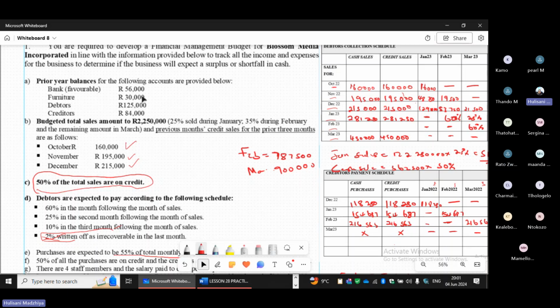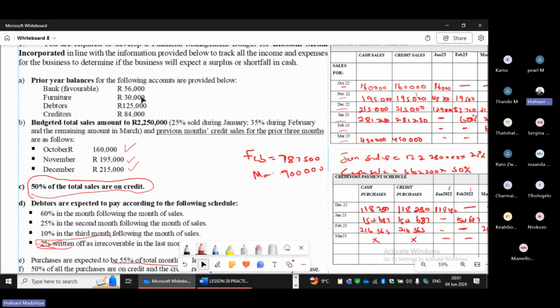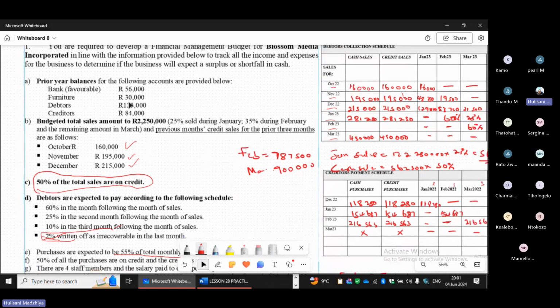But remember, these balances just say prior year. So this means for December, you might find that the December collection was not yet taken into account, or it was taken into account but based on a different collection percentage. For this year, we've managed to change the percentage. But in this scenario, they didn't mention anything about these debtors, so we only work with the ones that we are normally given. All right. Okay, thank you.